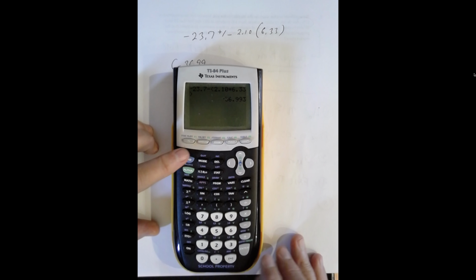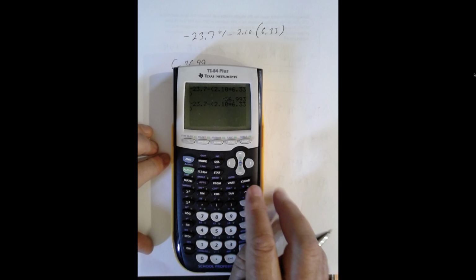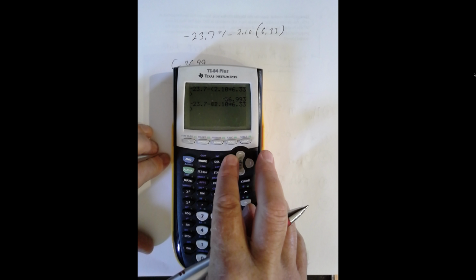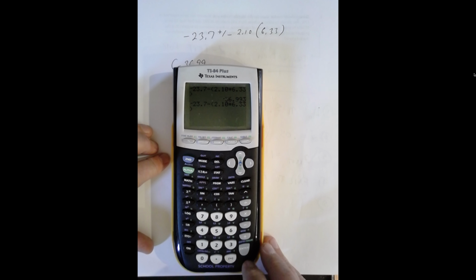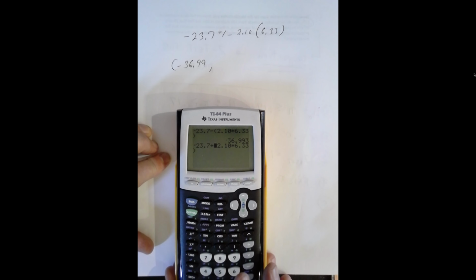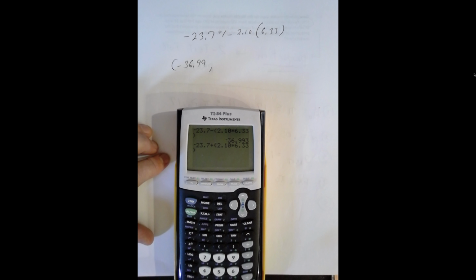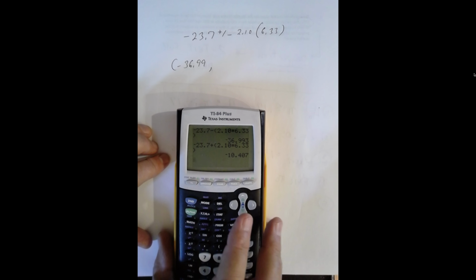And the right bound, all we need to do is change that to a plus. Negative 10.41.